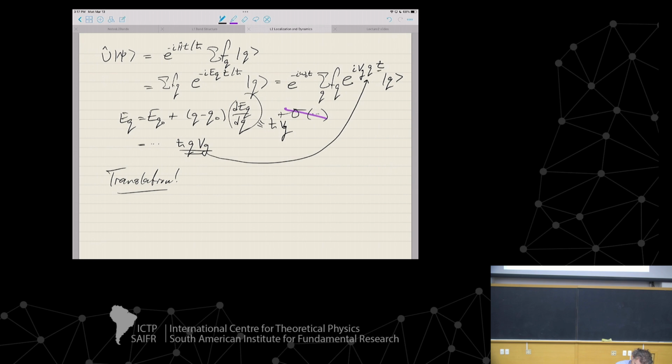There's a time dependence in this position, okay? This looks like e to the i v group times time times q of the q states, which you could just write out as some kind of linear translation in position versus time.